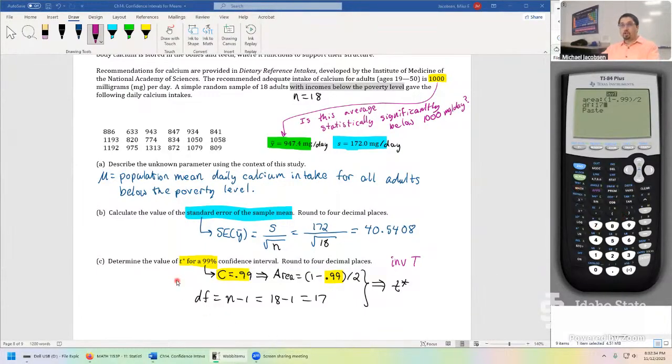And even though there's lots to talk about when it came to T star, it was a whole new distribution, the student's T distribution, really it just boils down to this when you're applying it in the confidence interval. So kind of nice in a way. This is something that you get really good practice in and start to internalize pretty quickly in just a few problems. T star on this one is large, 2.8982.